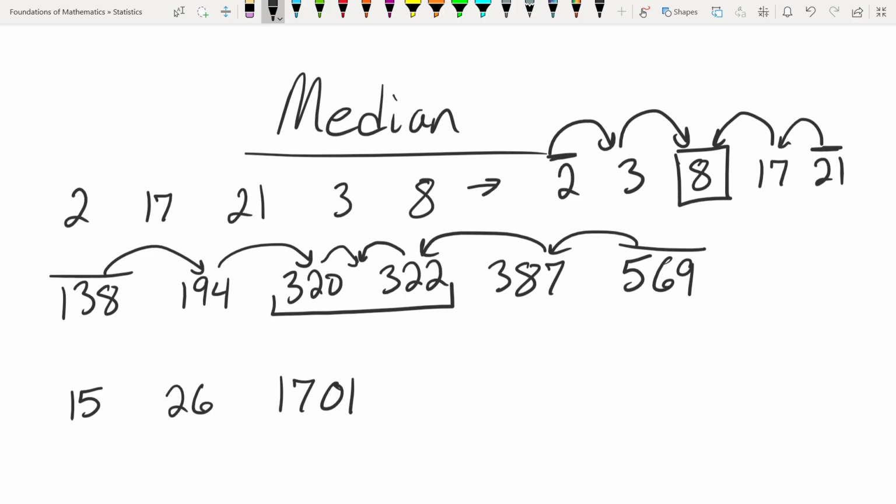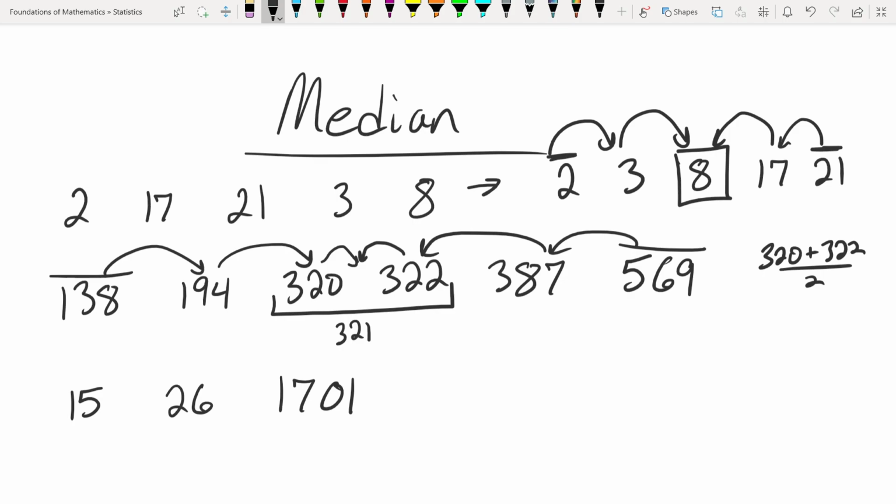Hopefully you can tell that the mean is going to be 321. That's right in between 320 and 322. But you can just add the two numbers up: 320 plus 322 and divide by 2. That's going to give you 321.